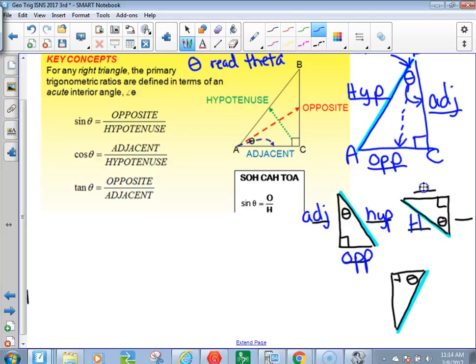Across from theta would be your O, opposite leg, and next to it would be your A. Right now I left this one. It's more what it's going to look like when you go to do a problem, okay? If you're coming from theta, first I got the hypotenuse right here, put an H on it. Right next to the angle would be adjacent, and then across from it is opposite.